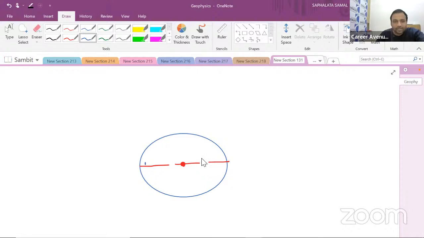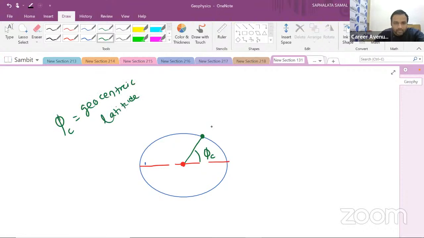Suppose I want to find the latitude of this particular object. To calculate the geocentric, just connect it with the center. Let's say phi c is the geocentric latitude. Simple. But this is not the phi I have taken in the formula. The phi I have taken is geodetic.